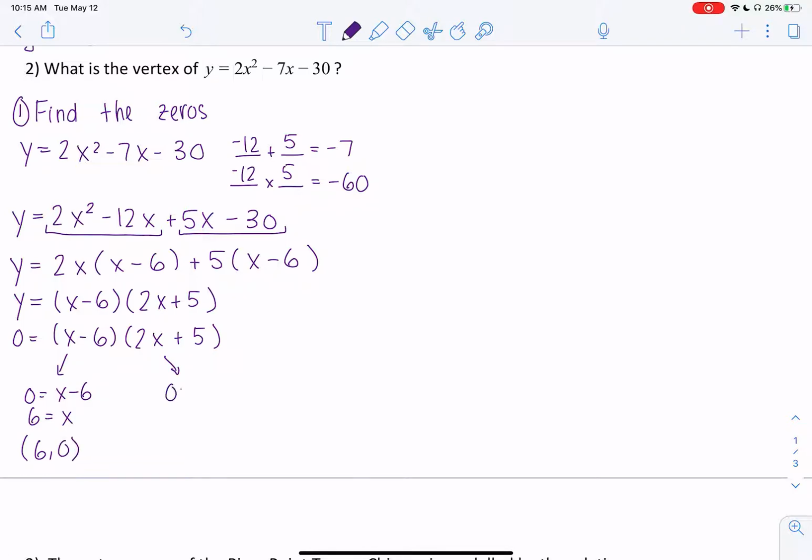And our second one is at -5/2, 0. So that's the first thing. We found our zeros. The second thing we want to do is we need to find the x of our vertex / our axis of symmetry.